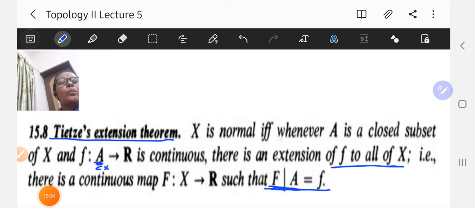X is normal if and only if whenever A is a closed subset of X and small f from A to R is continuous, then there is an extension of small f to all of X, that is, a continuous map capital F from X to R so that F restricted to A equals f.